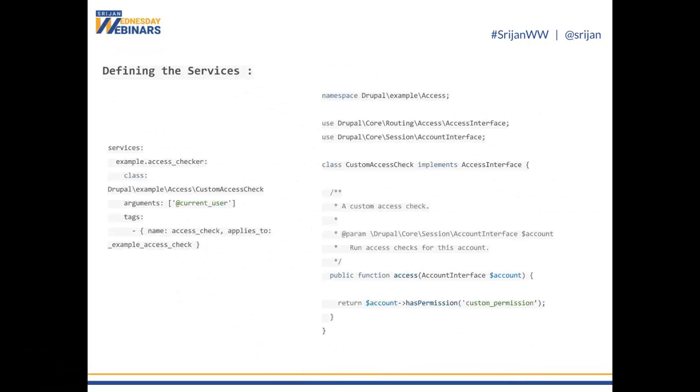That is the correct syntax, and it extends ServiceProviderBase. Then you can have your alter function there, and you can alter any service you want, like for user access, what you want to do after you check the user access, or after you get the language manager.